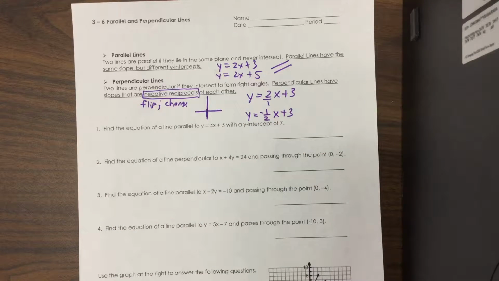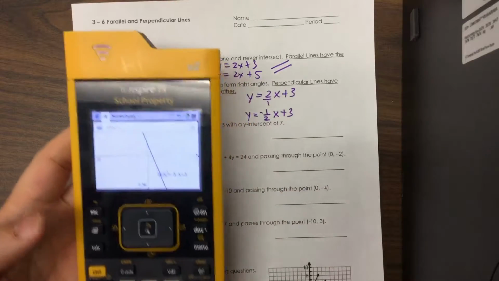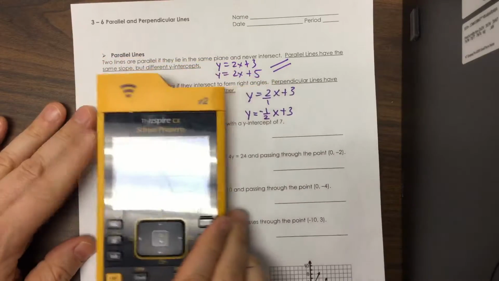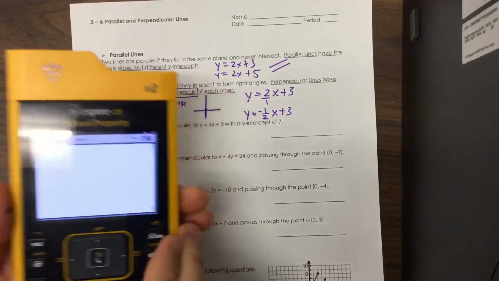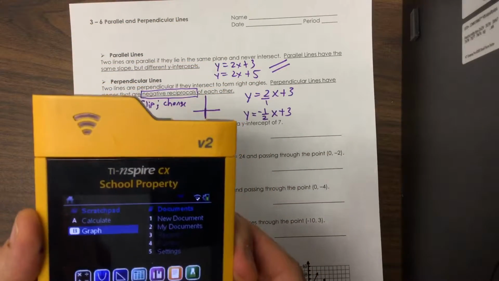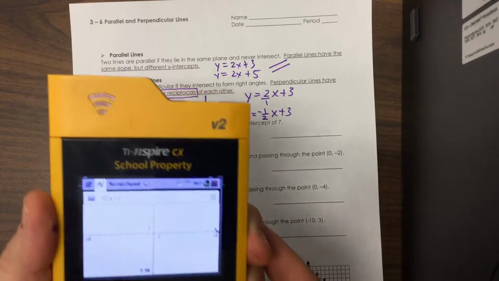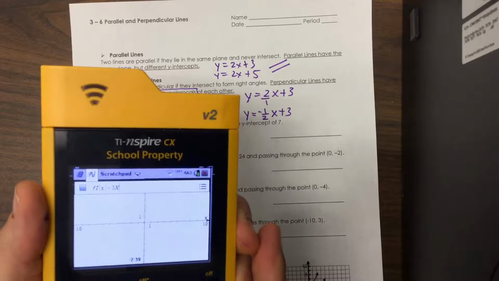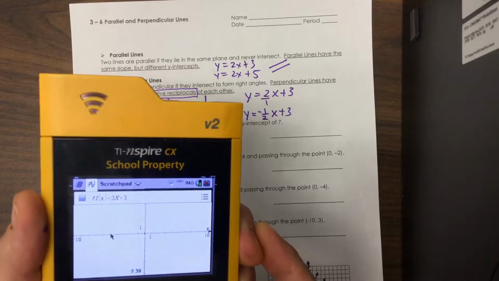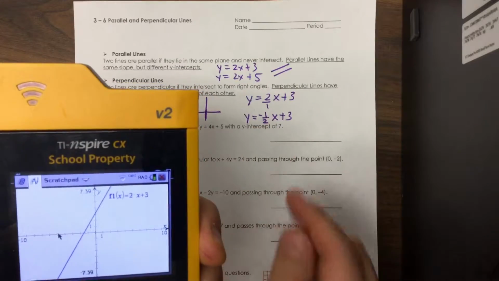What I'm going to do real quick is graph that in the calculator so you can take a look at it. I'm going to go to my graph screen, clear out my old stuff, and graph y equals 2x plus 3. I'll try to put it where you can see it without glare. So there's my first line, and now I'm going to put in the second one. This has a negative reciprocal.